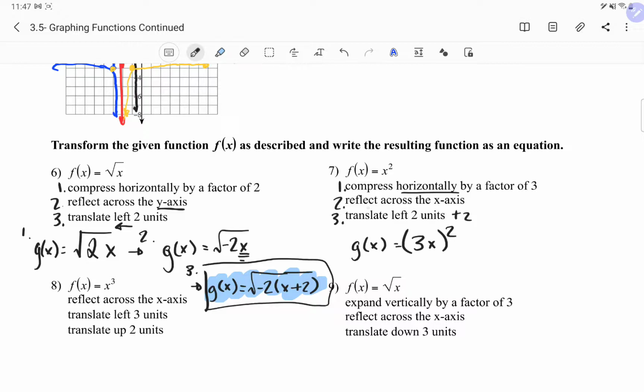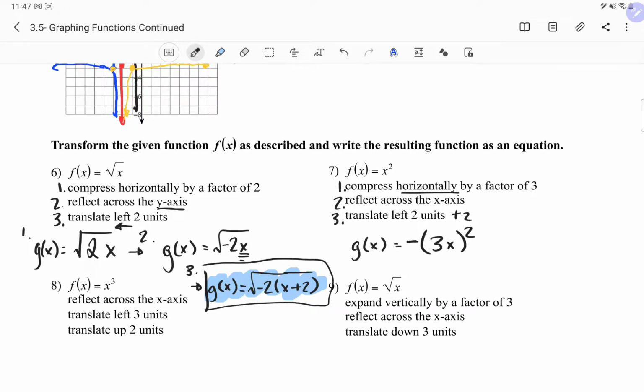Okay, then it says reflection across the x-axis. So a reflection across the x-axis is going to change this from a positive function to a negative function. So x-axis, we put it on the outside of the function. And then it says it's going to translate left 2 units.